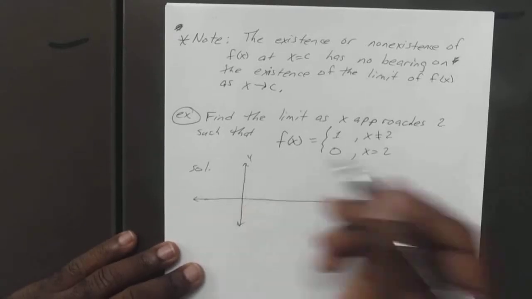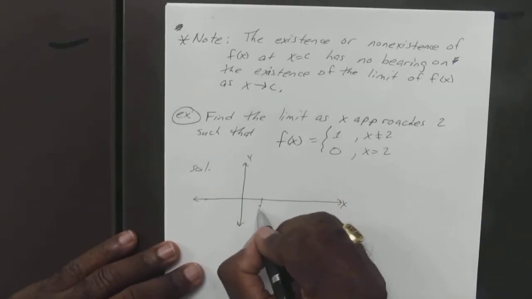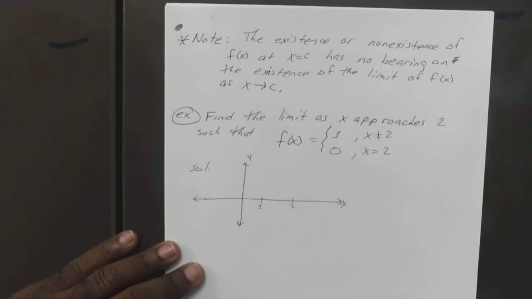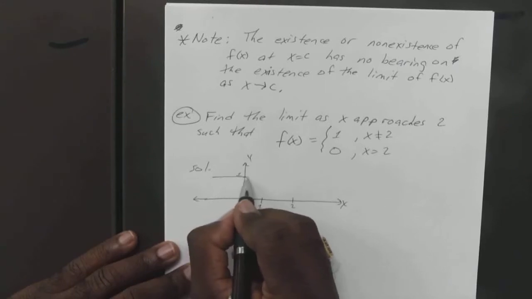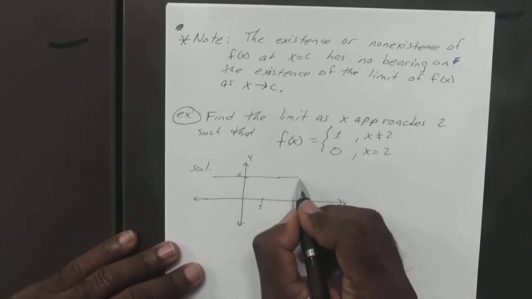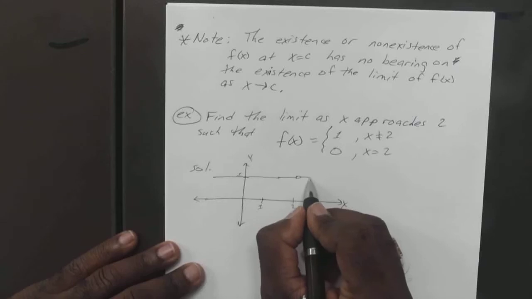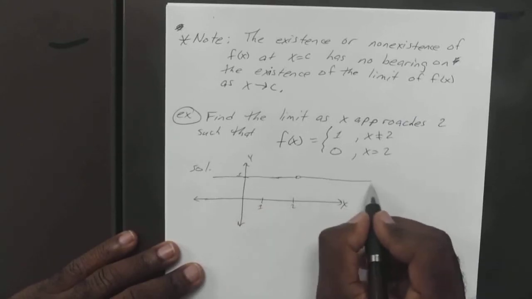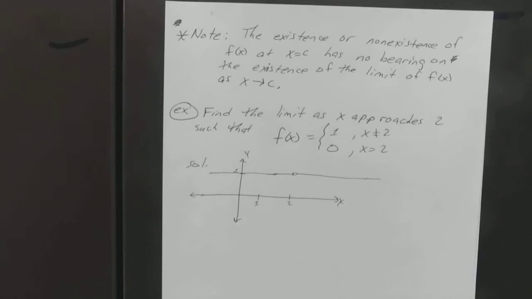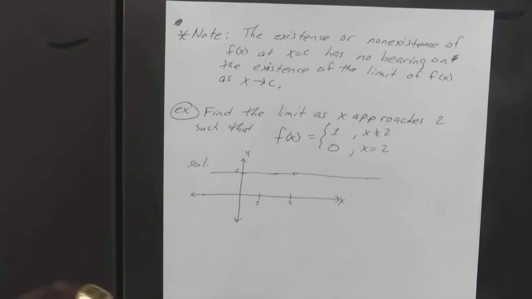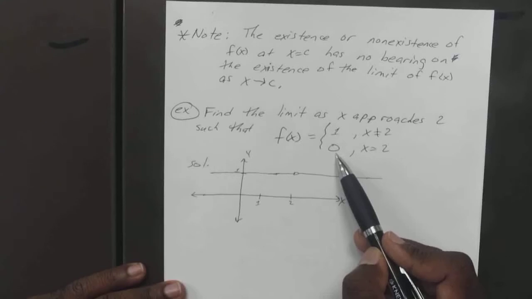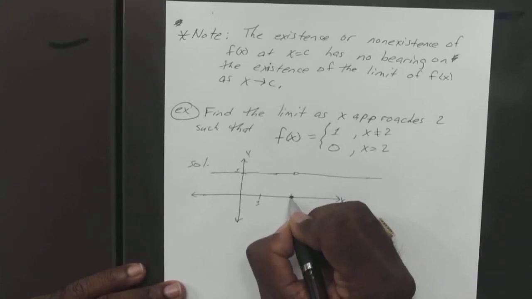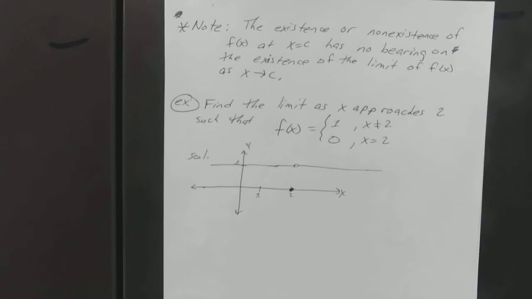Let's say this is our 1 and this is our 2. f of x is equal to 1 everywhere else except when x is equal to 2. So here you just have this horizontal line with this one missing point, because it's equal to 1 everywhere except that point. But when x does equal 2, your y value is 0, which means it exists down there.